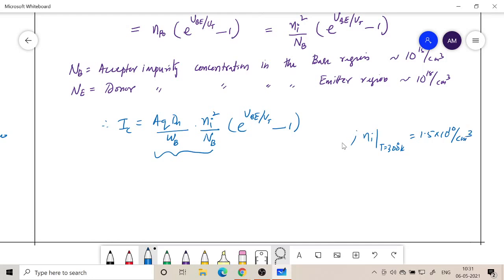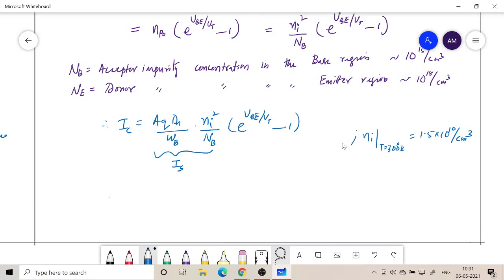That many electrons and holes, both of them will be equal, and the square of that is 2.25 into 10 raised to 20 per centimeter raised to 6. That we have seen. And Nb, I have already defined, is the acceptor impurity concentration in the base region. Dn is the diffusion coefficient, A is the area of cross section, Q is the magnitude of the charge of electron, and Wb is the width of the base region. Okay, all of these are constants, and I'm going to call them together as Is.